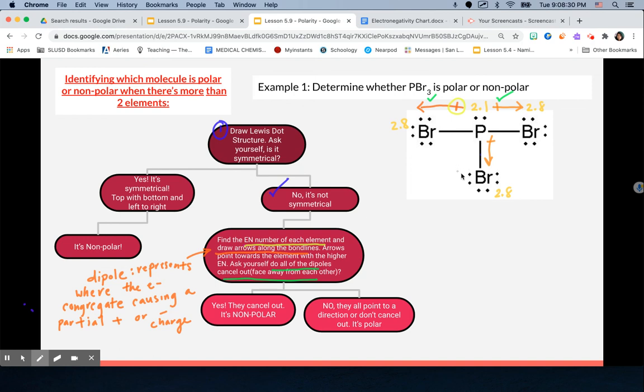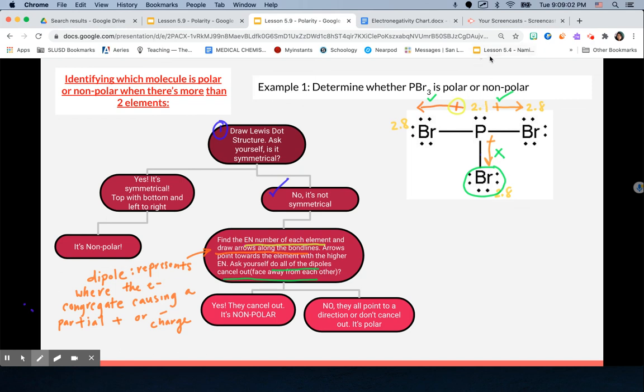So even though the electrons pulling to the left and right balance each other out, there's nothing to balance this electron hog here, Br, that has all the electrons. So there's nothing to cancel this dipole, or this arrow, or all the electrons down here.